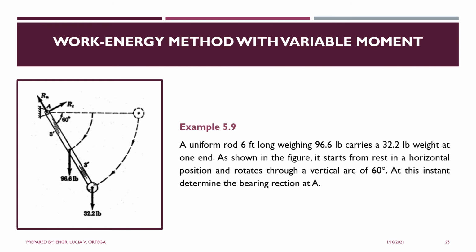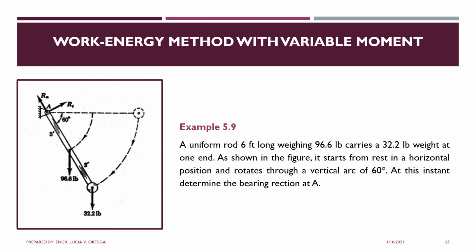In this problem, a uniform rod 6 feet long, weighing 96.6 pounds, carries a 32.2 pound weight at one end. It is hinged at A, and at the other end there is the weight of 32.2. The weight of the rod is of course concentrated at the center, 3 feet on both sides.